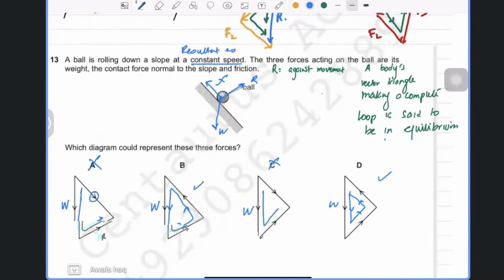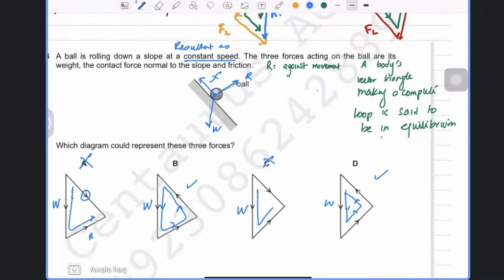Now, to decide, we need to check the direction of R as well. This side should be the friction, this side should be the friction, but between this vector and this vector there is a little bit of difference in slope.